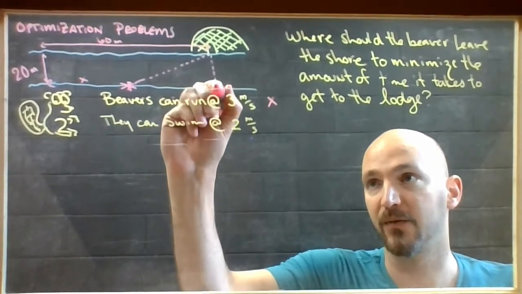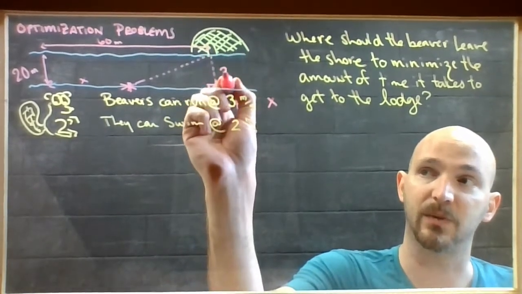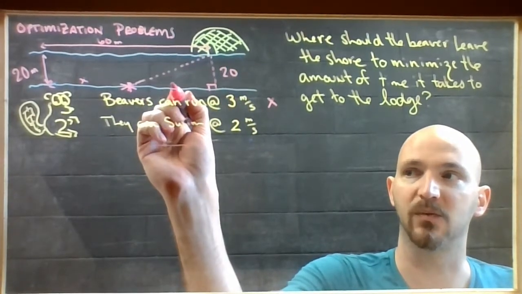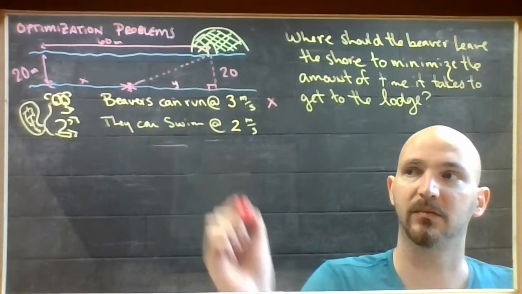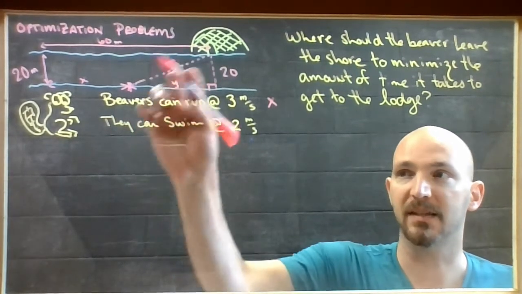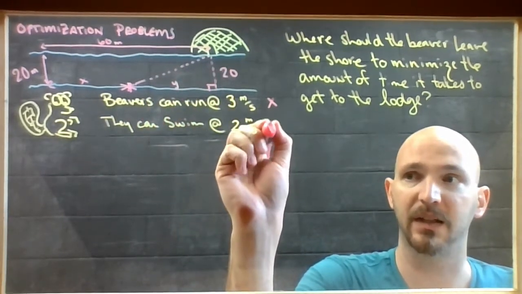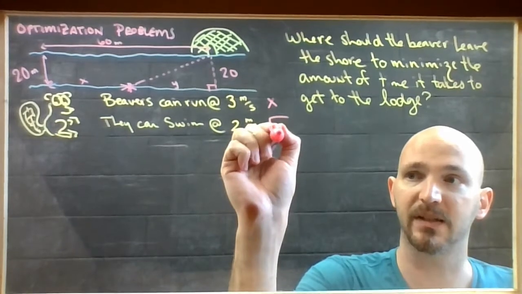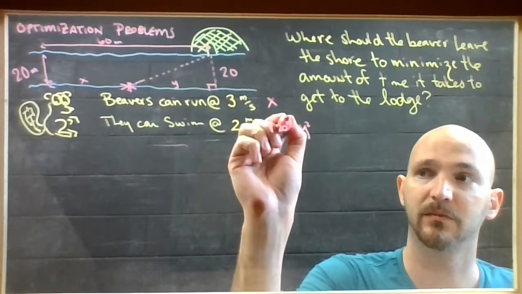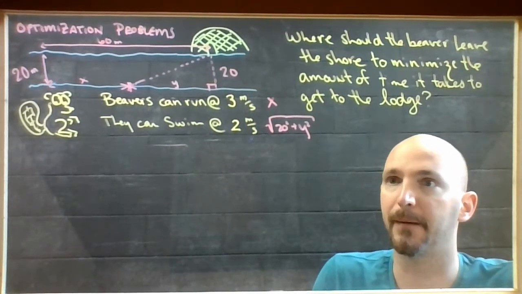Now, do you notice I've drawn myself a right angle triangle? Width of that is 20. And the length here, I'm just going to leave as y for a minute. It's going to be the rest of the riverbank. So this distance then, that's the hypotenuse of this triangle. So it would end up being the square root of 20 squared plus y squared. Whatever that is. Okay, good.